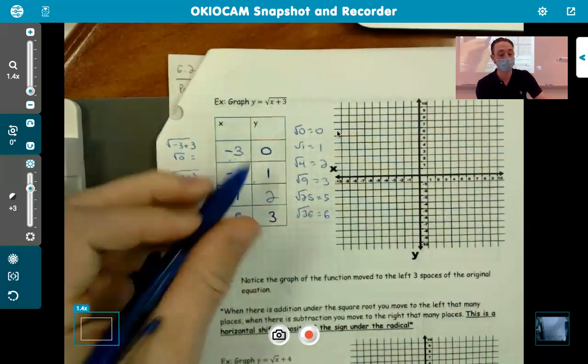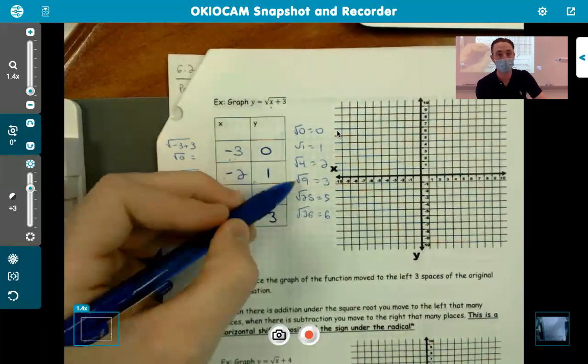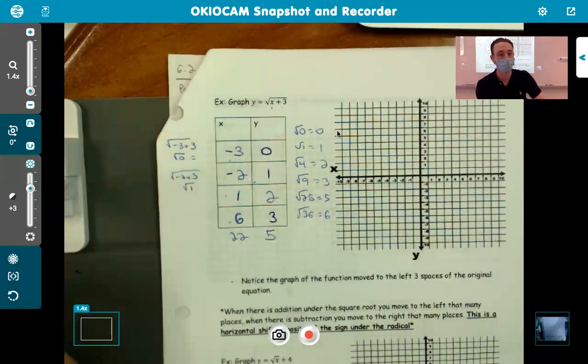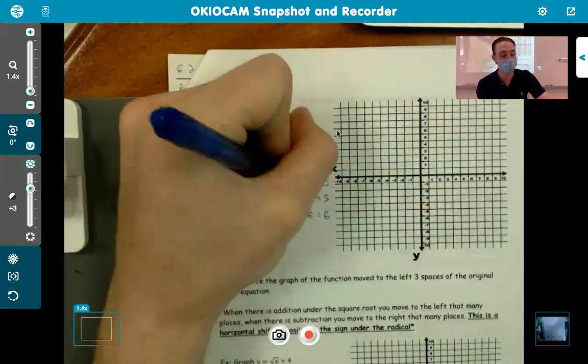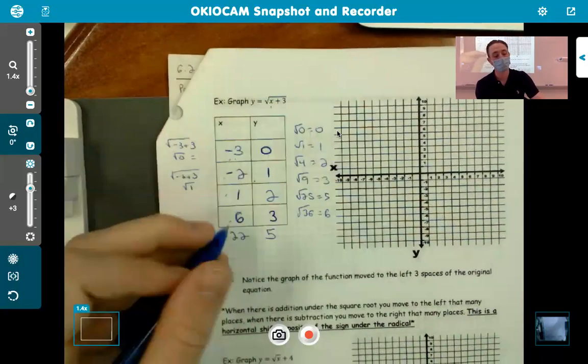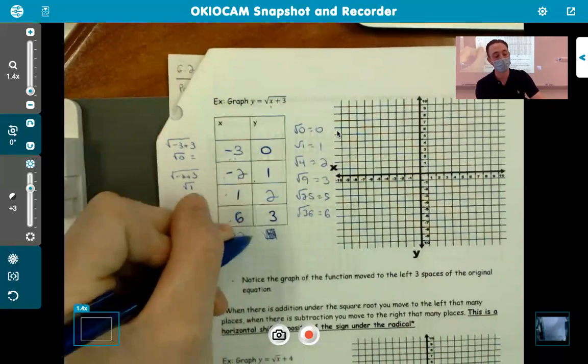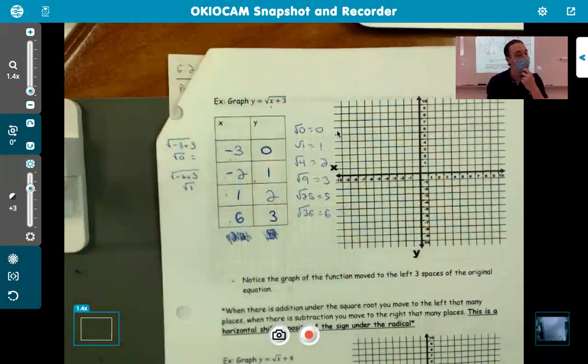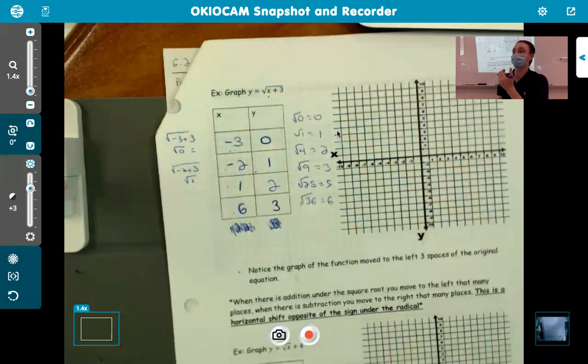Because then 22 plus 3 gives me square root of 25. Square root of 25 is 5. You also have square root of 16 in there, but it's all the same thing. Any other questions about that before we move on?